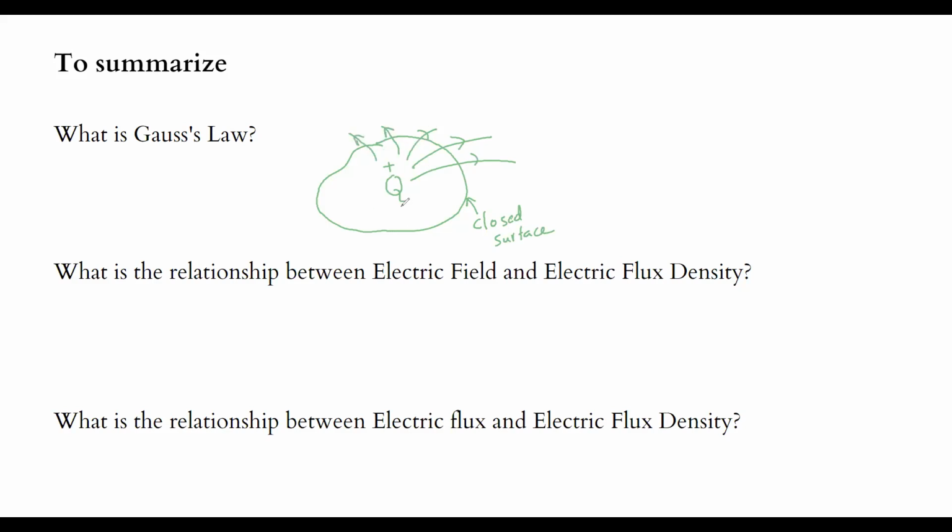Then we also learned about the electric field and electric flux density. We can relate those: D equals epsilon naught E, where E is the electric field, and epsilon naught is the permittivity of free space.